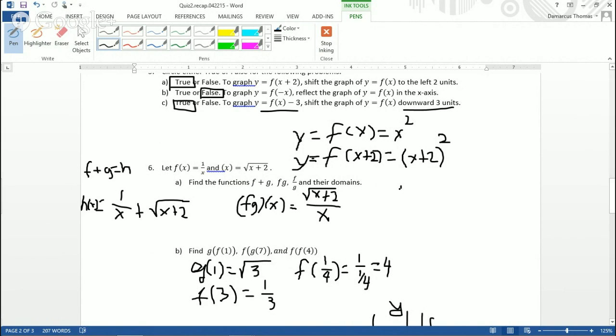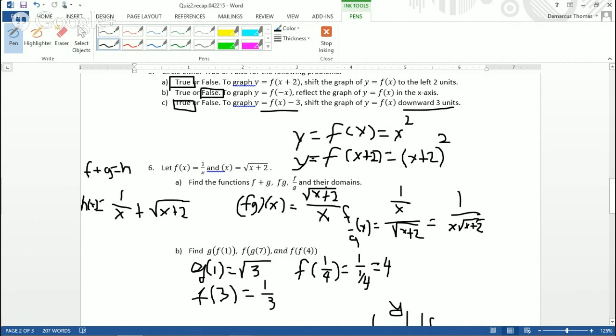That's 1 over x over root x plus 2. And this actually simplifies. So it actually simplifies to just 1 over x times x plus 2. And so there's the third function.